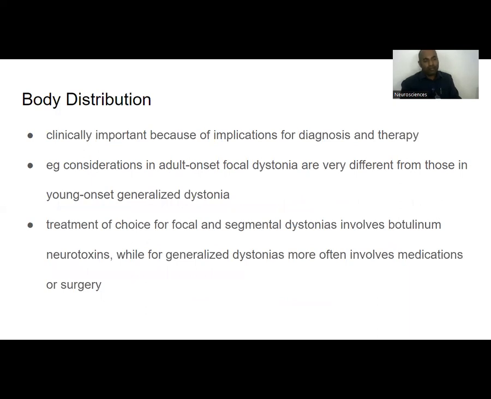Coming to body distribution, this also has implications for diagnosis and therapy. For example, considerations in adult onset focal dystonia are very different from those in young onset generalized dystonia. The treatment also differs. The treatment of choice for focal and segmental dystonias is botulinum toxin, while for generalized dystonia, it's more like medications and surgery.